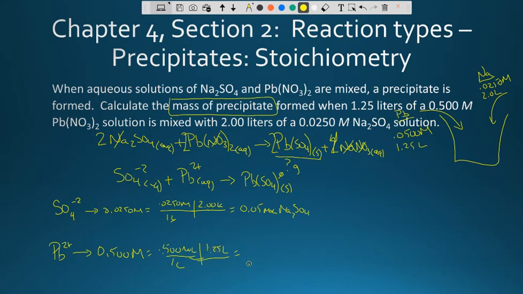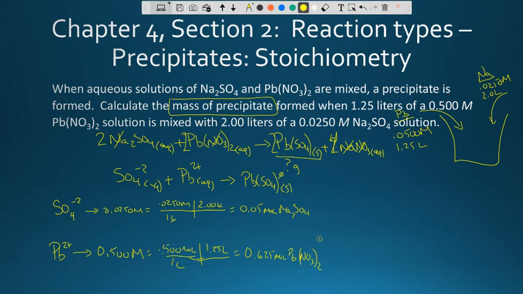So that's going to give me 0.625 moles of my lead nitrate. Now, notice I switched techniques. I didn't just go M equals moles over liters and plug in values and solve for X. I can do that this way. You choose which way works best for you. I'm going to use this technique from here on out.